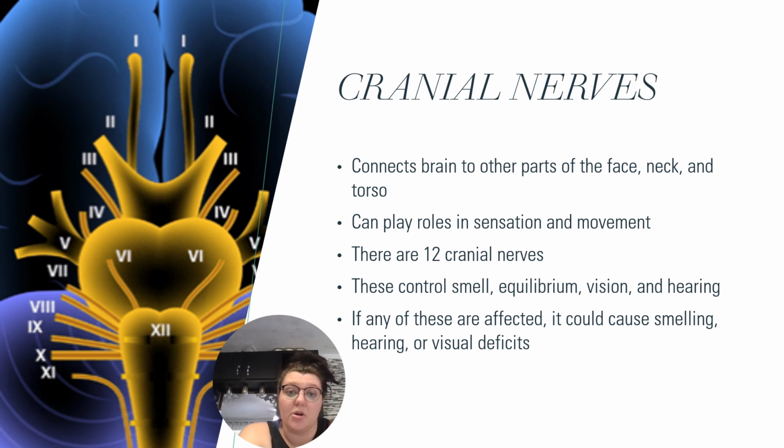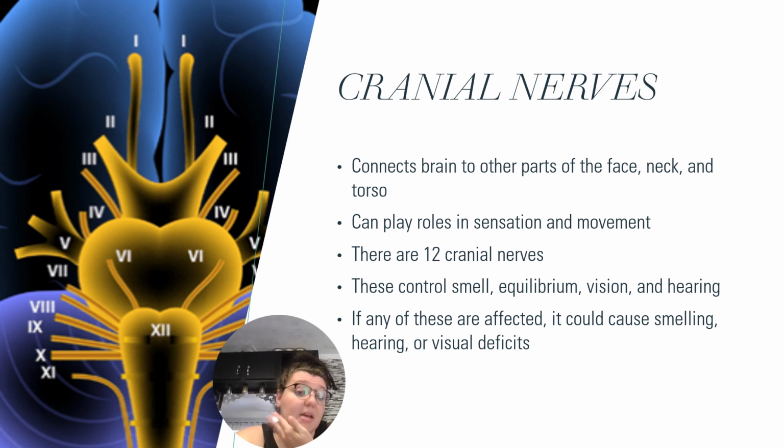Here we have our cranial nerves. These connect our brain to the other parts of the face, neck, and torso. And these play a big role in our sensation and movement. There are 12 cranial nerves, and these control our smell, equilibrium, vision, and hearing.